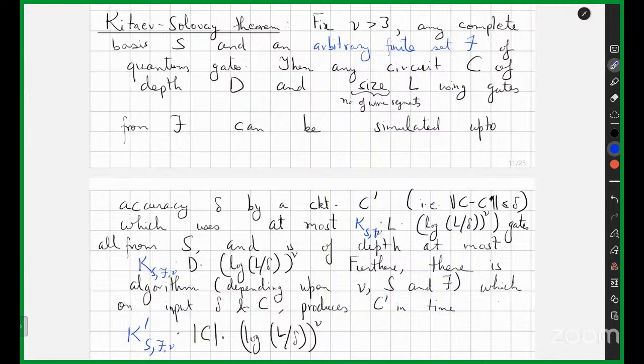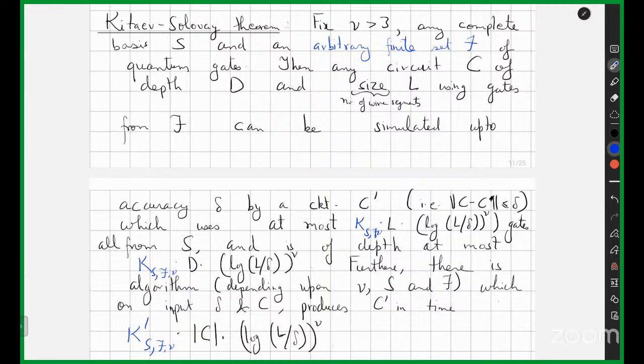So for us the point of this is that we can just stick with any finite number of gates, and if we get polynomial size and polynomial depth, then it's fine, in the sense that in some arbitrary complete basis that anyone else had, the depth and the size will only increase by a polynomial factor.